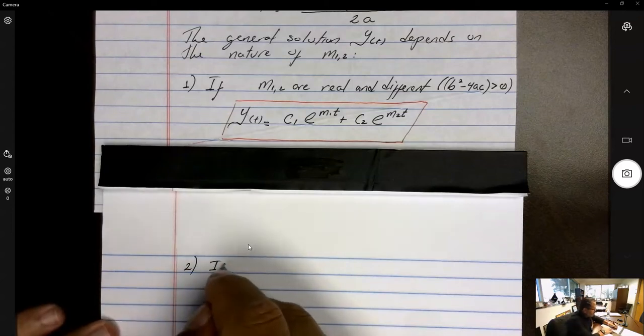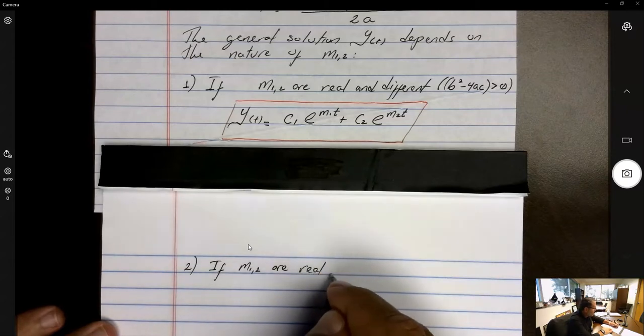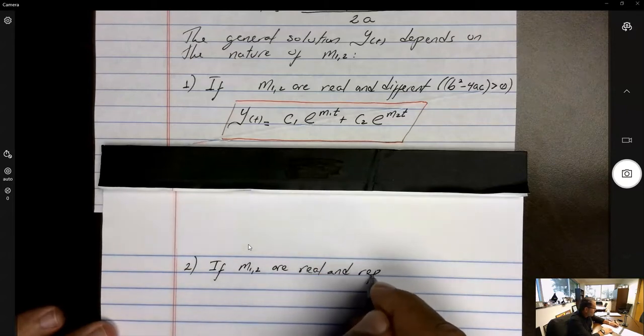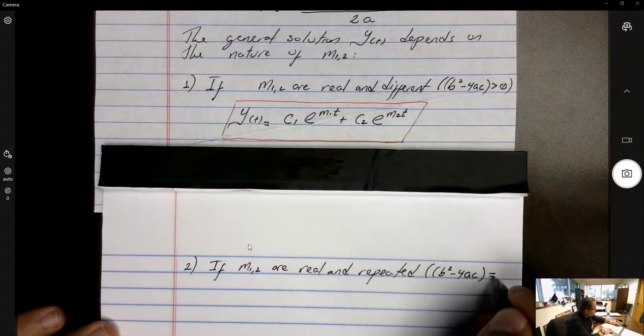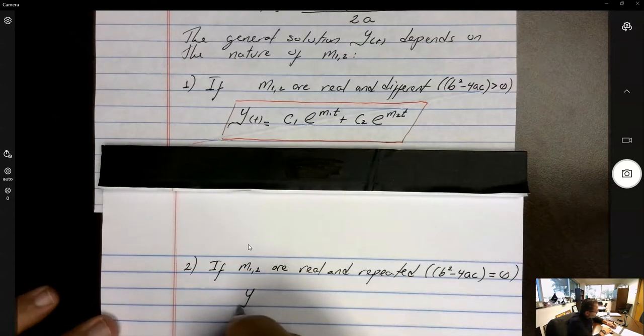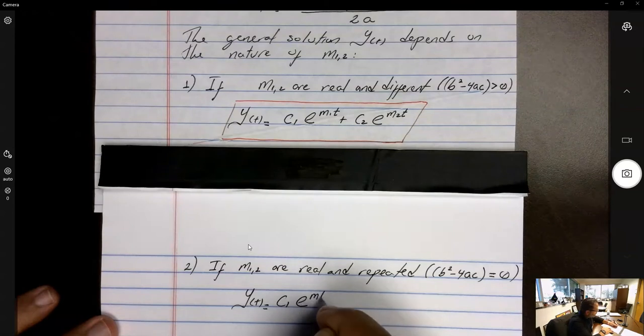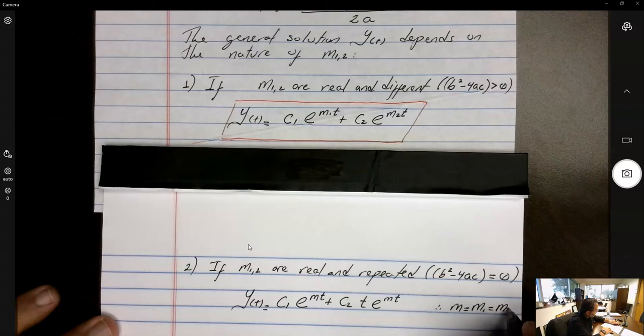If m1 and m2 are real and repeated, that is, if b squared minus 4ac is exactly equal to 0, then the solution y of t will look like c1 times e to the mt plus c2 times t times e to the mt, such that m is m1 and m2, which are the same in this case.